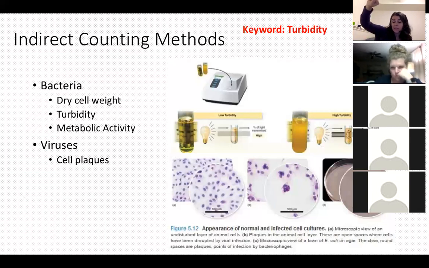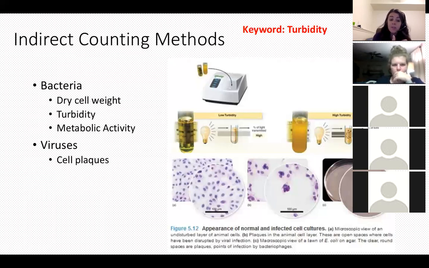And we're going to dump off the liquid, and we're going to dry out that gunk that's left at the bottom, that's all of our bacteria. We're going to dry it and weigh it, and probably again use some standard math equation to take it back to bacteria per mL or whatever. But obviously the more dry weight we have, the more bacteria we had in our culture.